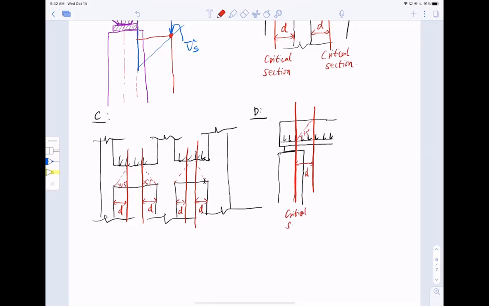Critical section 1, very important, okay? Critical section 2, check both. One is right at the support, pay attention, right at the support, at the edge of the neoprene pads. And also the other one right here. So you have two critical sections.